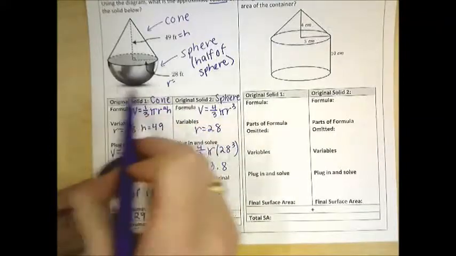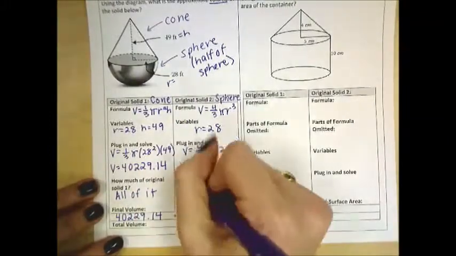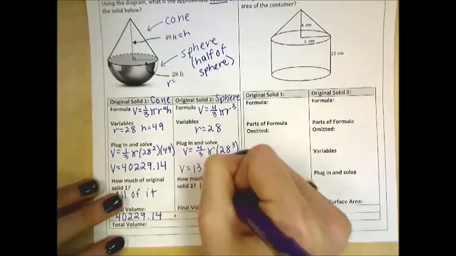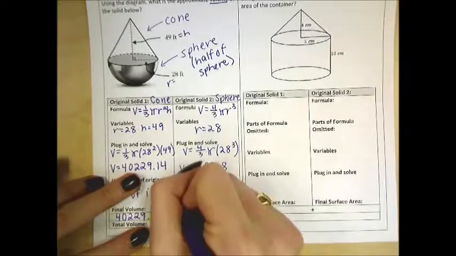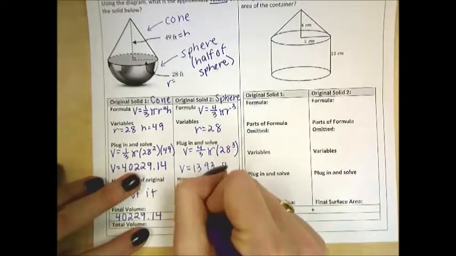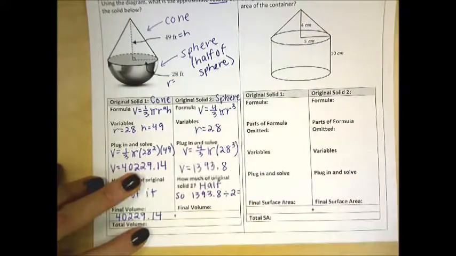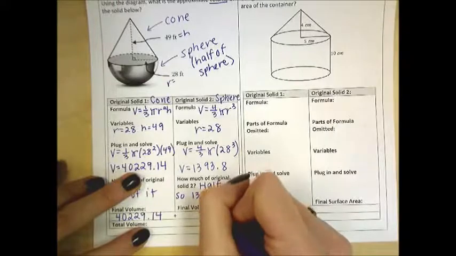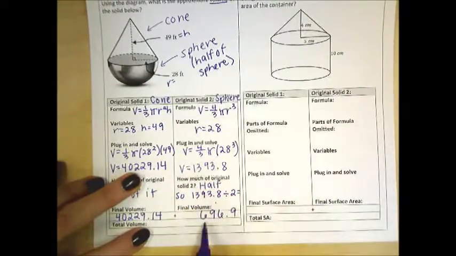But this sphere in my problem is only half of the sphere. So since I only have half of it, I need to cut the total volume in half. So to cut it in half, I need to divide it by 2. So my total volume divided by 2 gives me a final volume of 696.9.